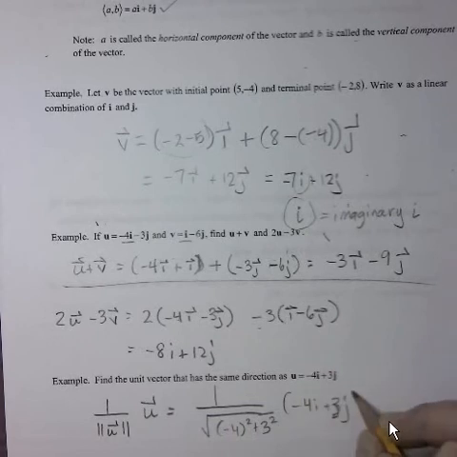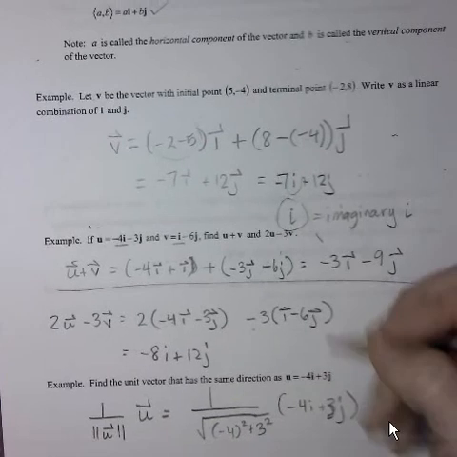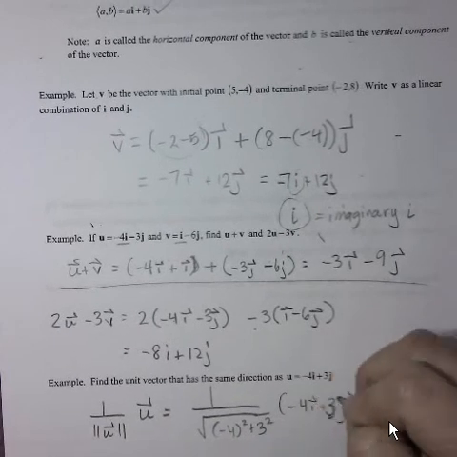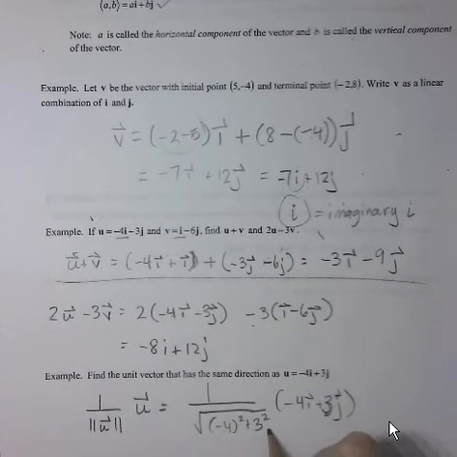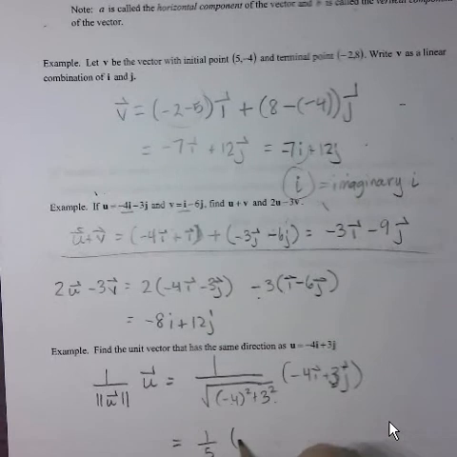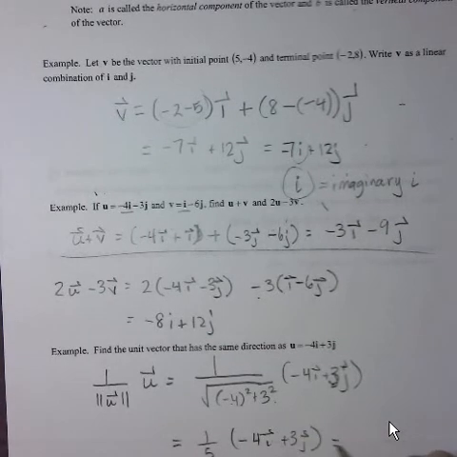Again, I could put arrows here if I want. Alright, so 16 plus 9 is 25. Square root of 25 is 5, so that's 1/5 times -4i + 3j. So -4/5 i + 3/5 j.